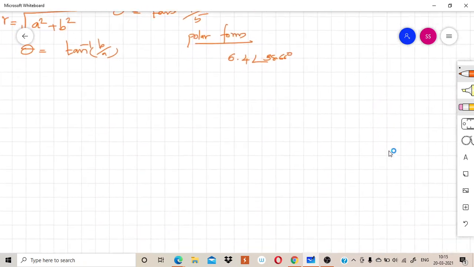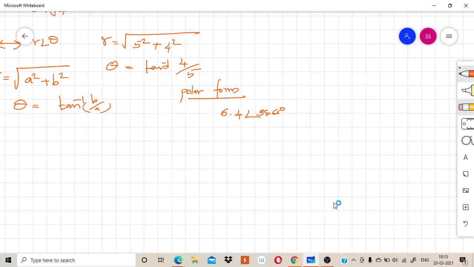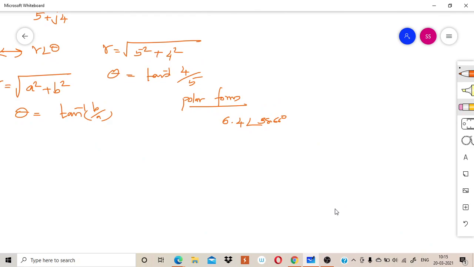So this 6.4 for r will be the magnitude of our phasor, and this theta will be the phase angle which is measured from the positive x-axis.